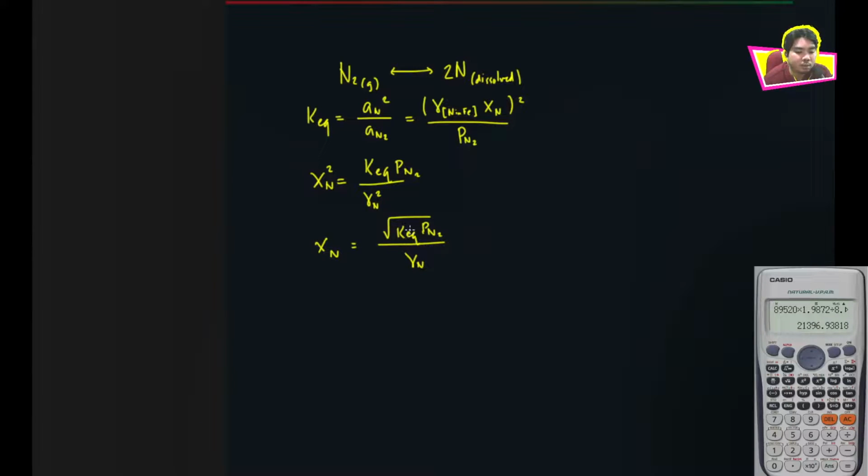Kasi itong K equilibrium is a constant, gamma is also a constant, then we can just replace this with just one constant, no? Let's just call it K prime. So that's K prime times the square root of Pn2 equals xn. So ito yung magiging equation natin, no?